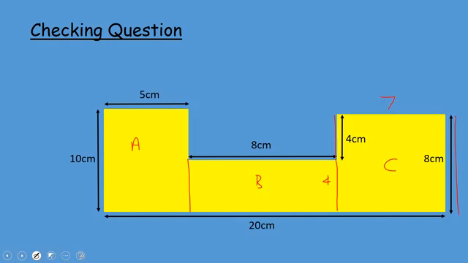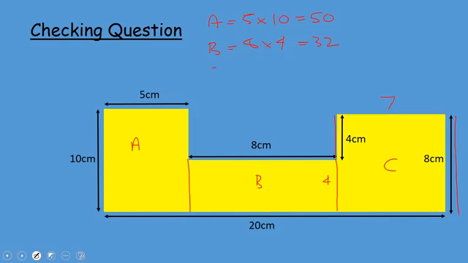Okay, so A, we're just going to say 5 times 10, which is 50. B, we've got 8 times 4, which is 32.